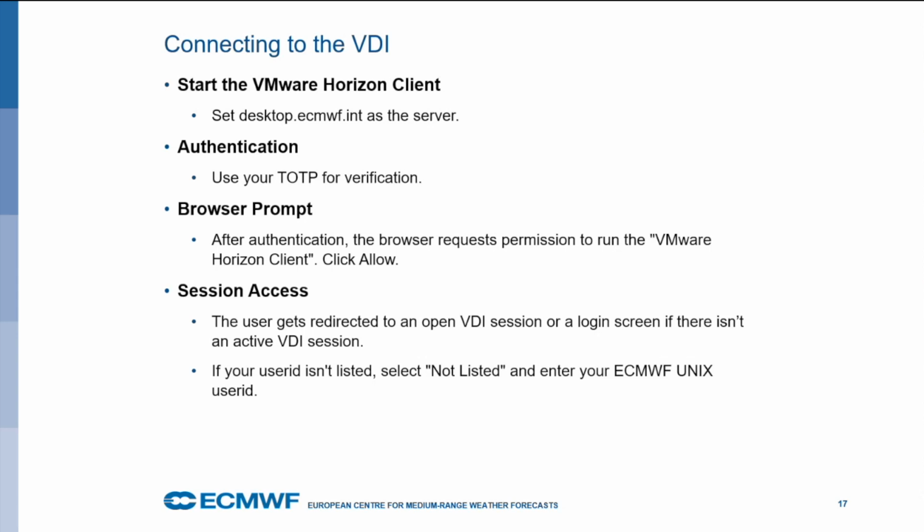Then you will get redirected to a browser where, if you don't have the login, you will need to put first your email or user ID and password, and then they will ask you for the TOTP, the token code, to log in. After that, the browser will ask if you're allowing it to redirect you back to the application. You need to say yes there, because otherwise nothing will happen. And then it will just pop up.